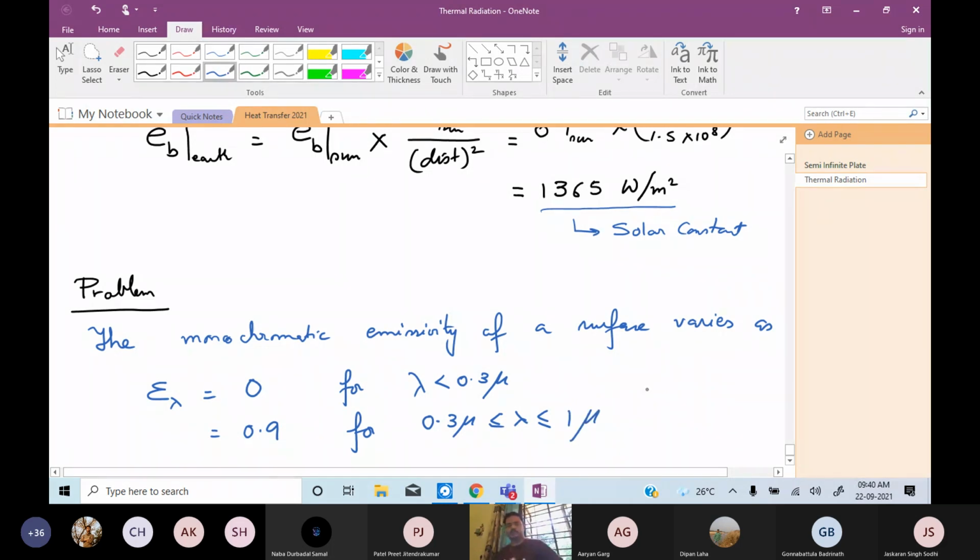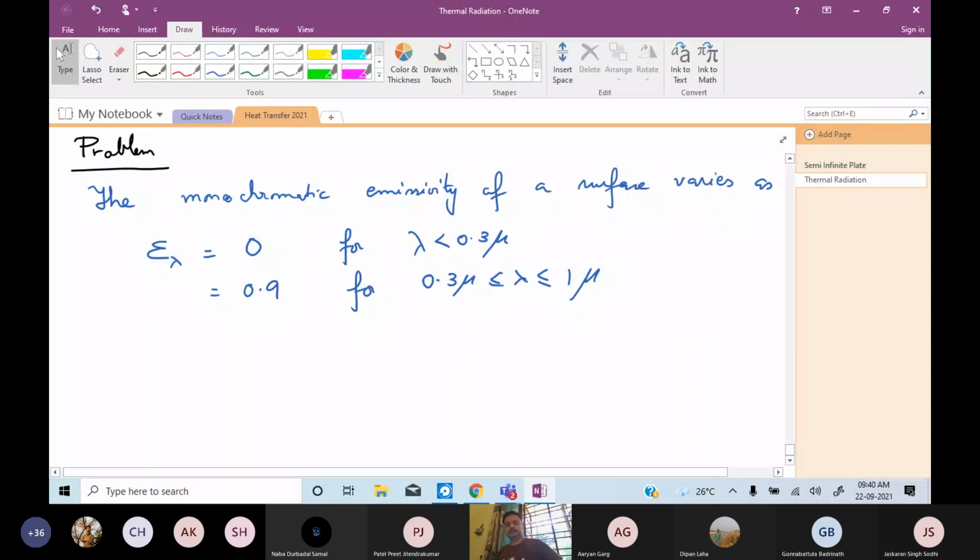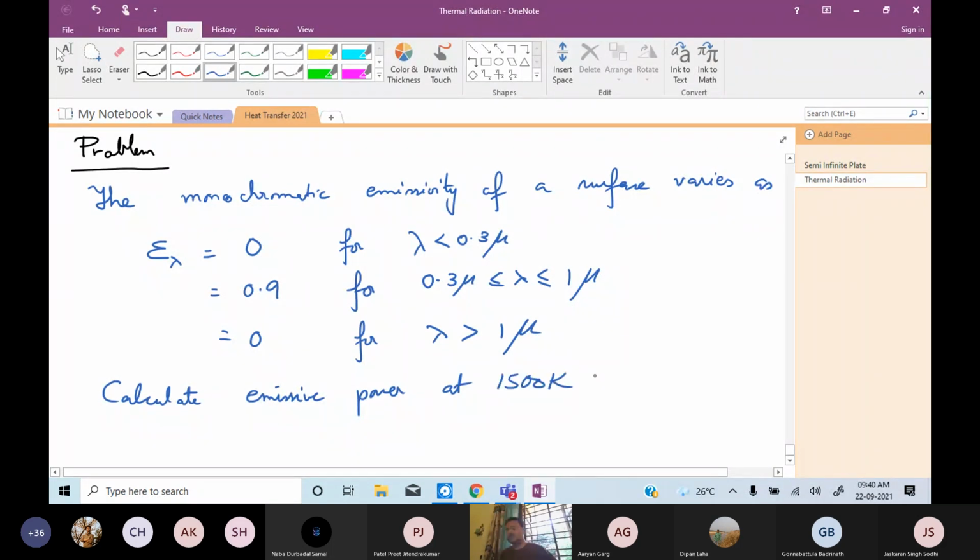And then again it is 0 for lambda greater than 1 micron. So what I'm asking you is to calculate its emissive power at 1500 Kelvin.